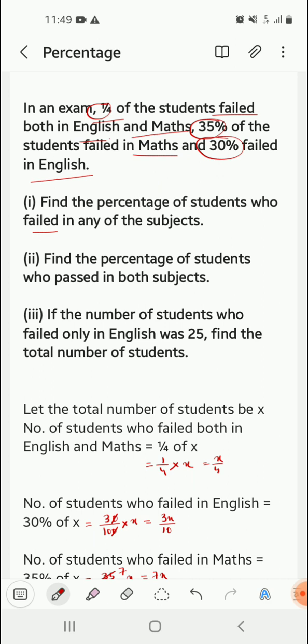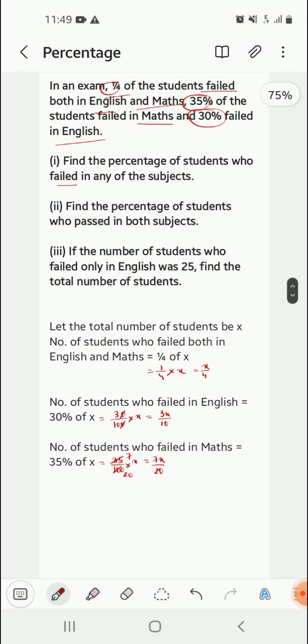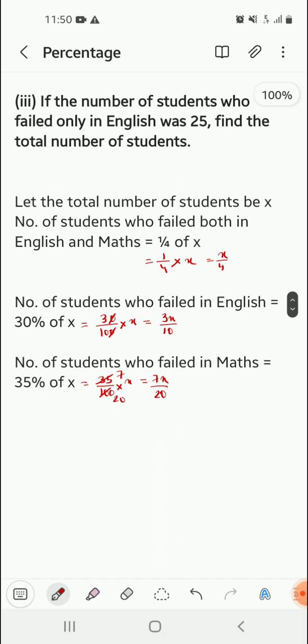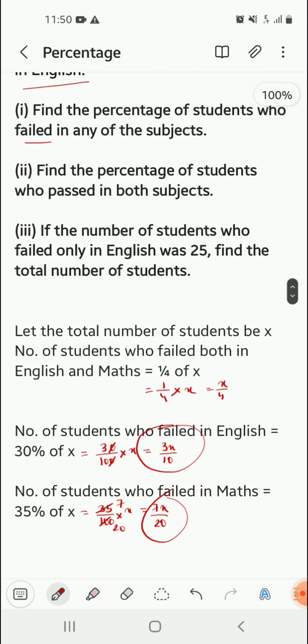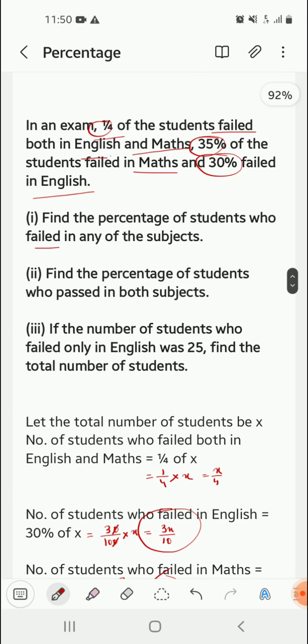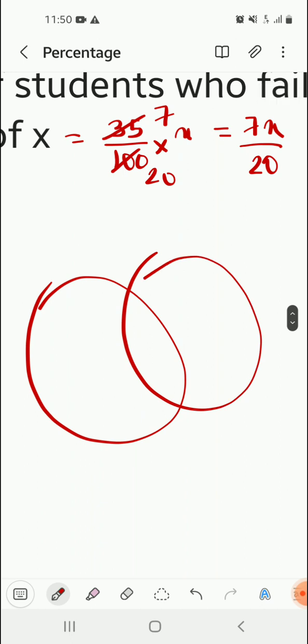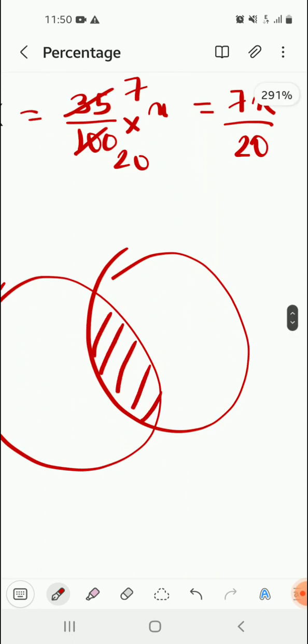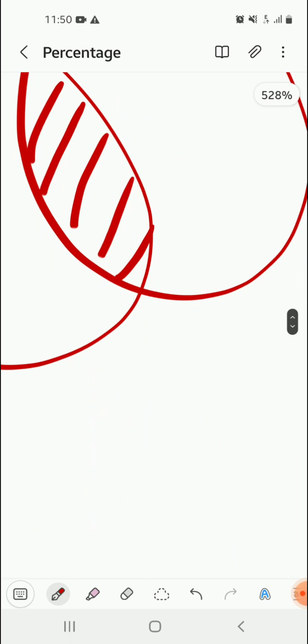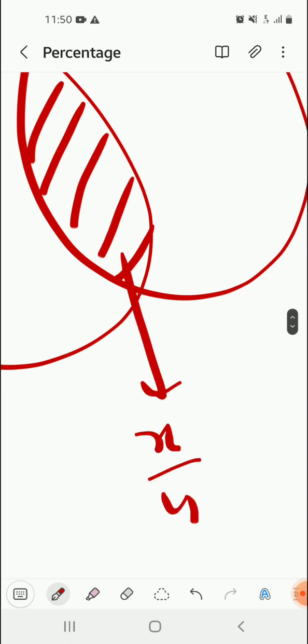For that, we first add the number of students who failed in maths and the number who failed in English, and from this we deduct the common part, that is x by 4, because the number of students who failed in both is x by 4. So if we are counting the number of students who failed in English, the number who failed in maths, there is a number of students who failed in both.